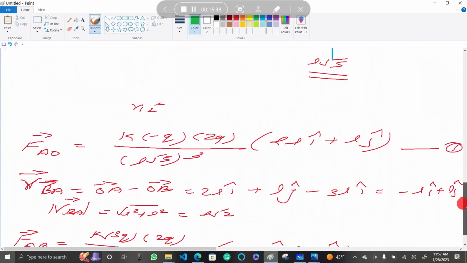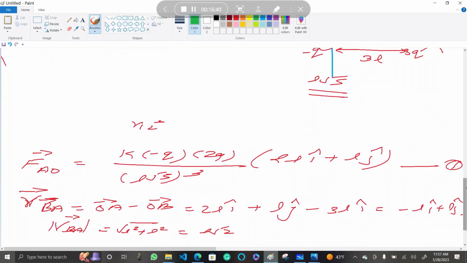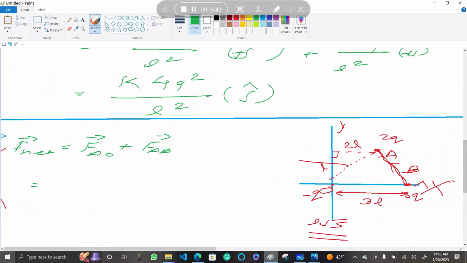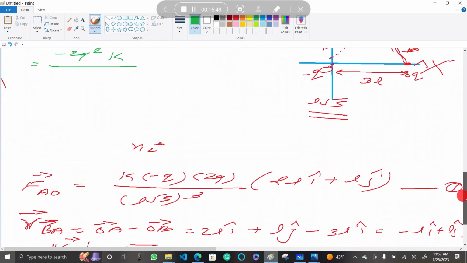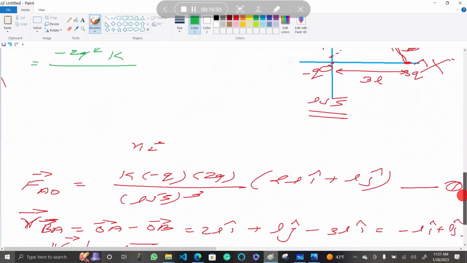here. It is minus 2Q squared K by, the distance between them is L root under 5.